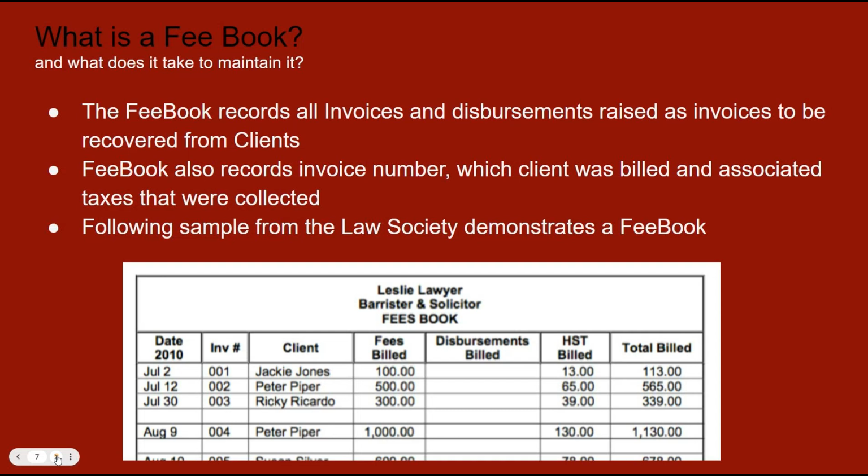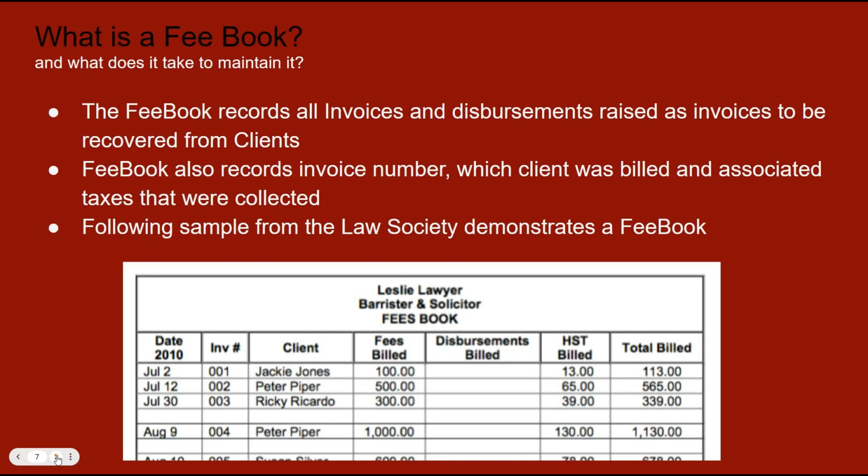Okay, so every legal office has invoices. That's an important financial vehicle through which you're able to get your fees paid, whether you're getting it paid or recovering it from your trust account for eligible trust transfers. Invoices become very critical.